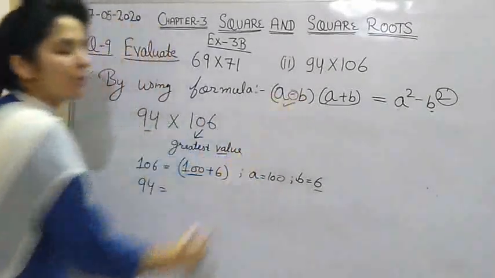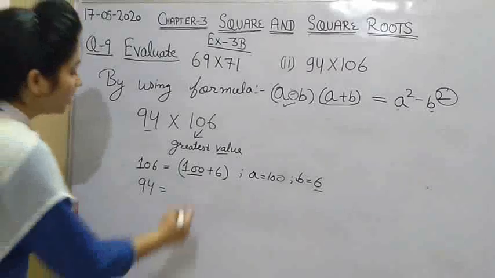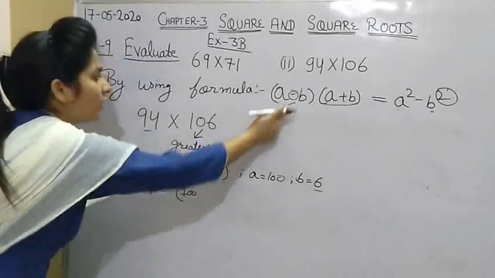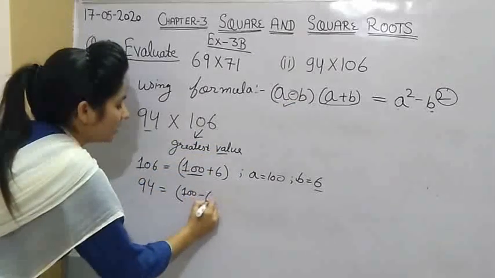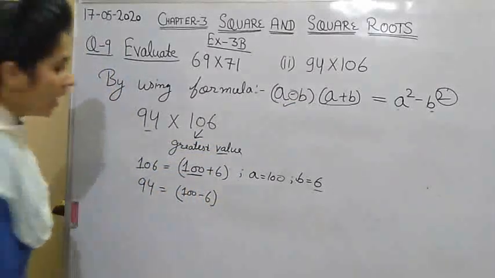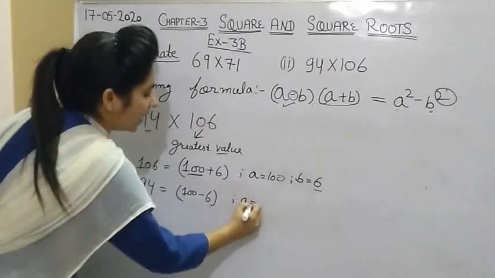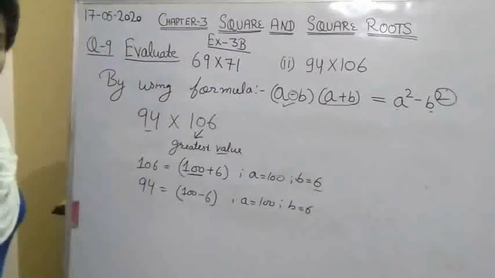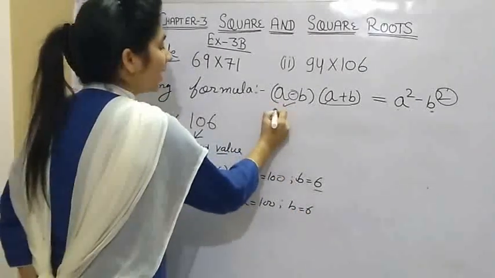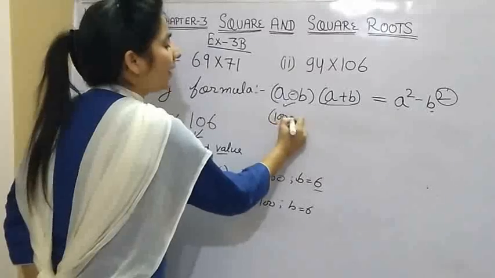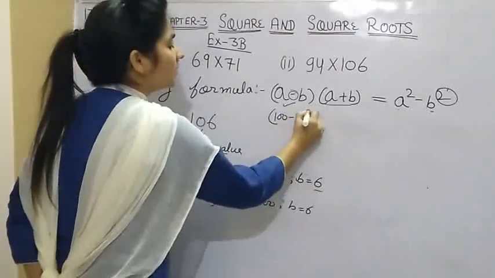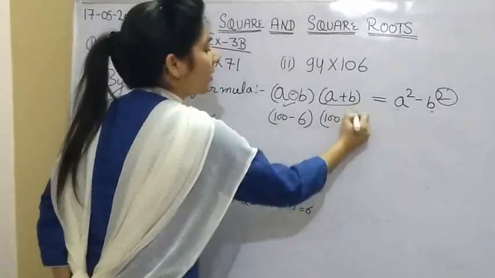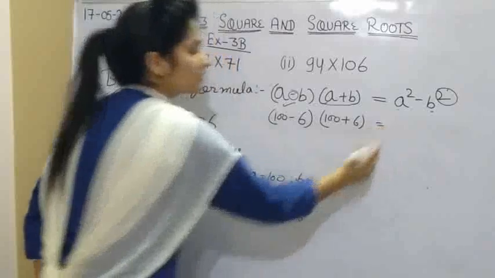With the fundamental operation minus, the value of a is 100 and the value of b is 6. On your left hand side, the value of a is 100 and the value of b is 6.